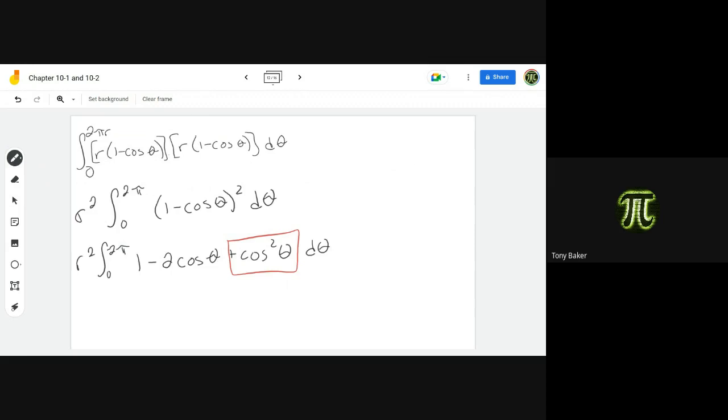Actually, just look in the back of the book. Oh, yeah, we did do this in chapter 7, 7-2.